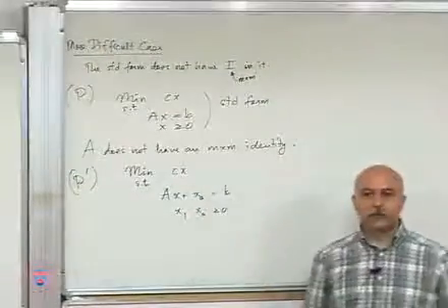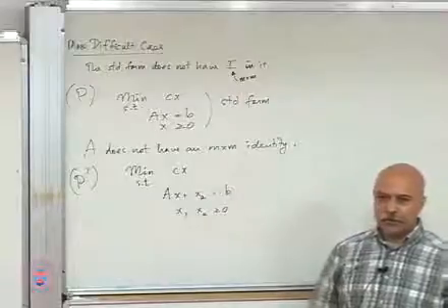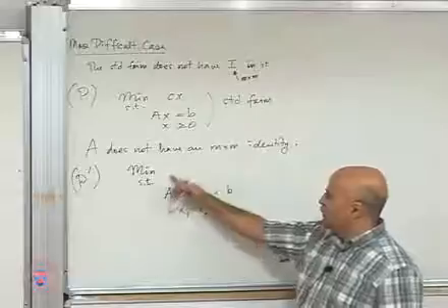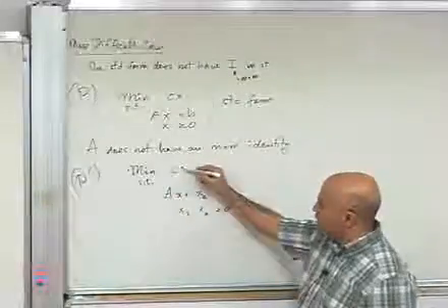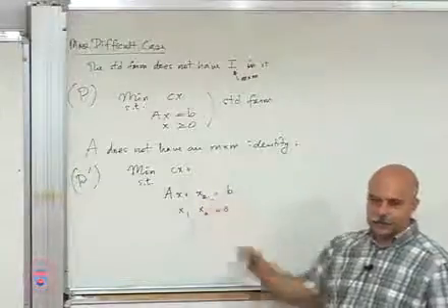So I simply added new variables and new columns. The new columns form the identity. And of course, let's forget the objective function for a moment. Well, actually, let's not forget. We'll add something to the objective function for the new variables, okay?